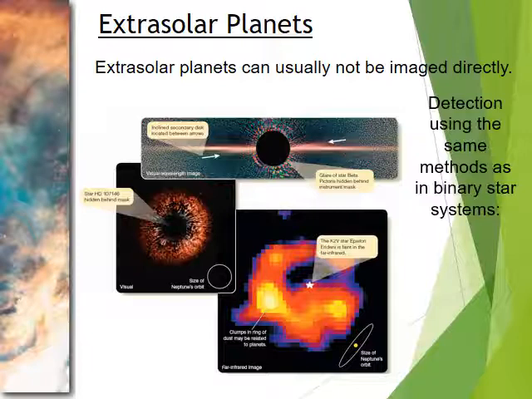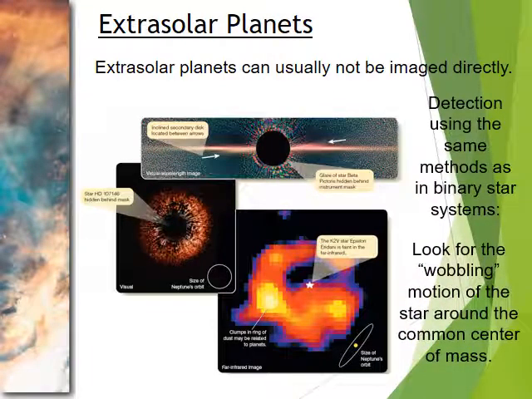One problem is that for extrasolar planets, it's tough to see them directly. You can't just see an individual planet around another star because, first of all, the star is far, far, far away. Even our next nearest neighbor, apart from our own sun, is Proxima Centauri, which is like 4.3 light years away. So at that distance, even the star itself is very, very small.